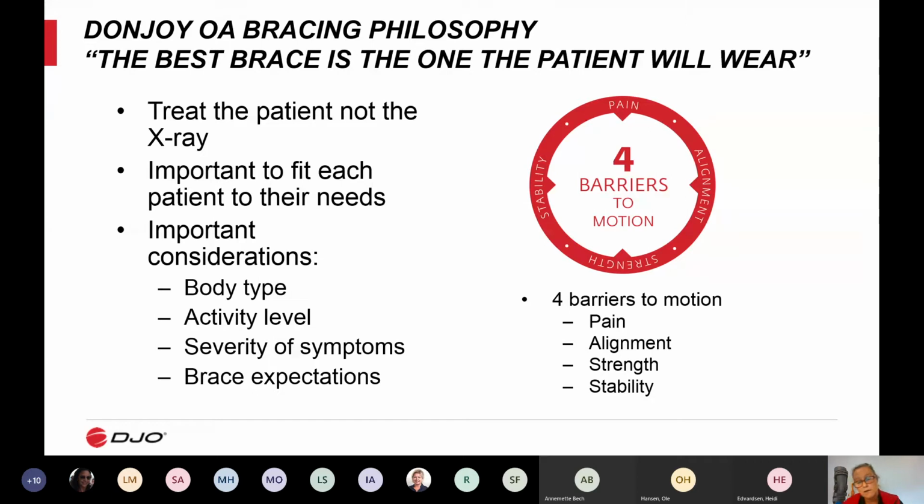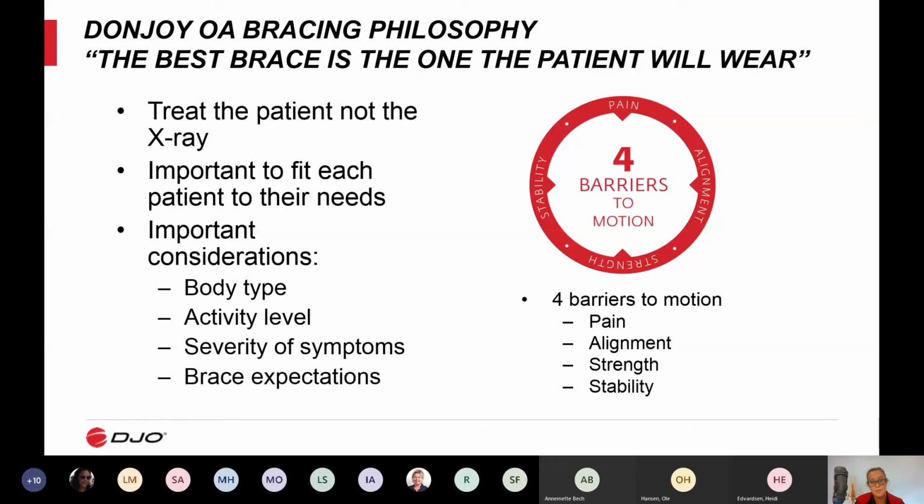If we look at DonJoy and the bracing philosophy, we always say that it's very good to have a brace, but if the patient doesn't wear the brace, it doesn't matter. What is important is taking the patient into consideration when you choose a brace.